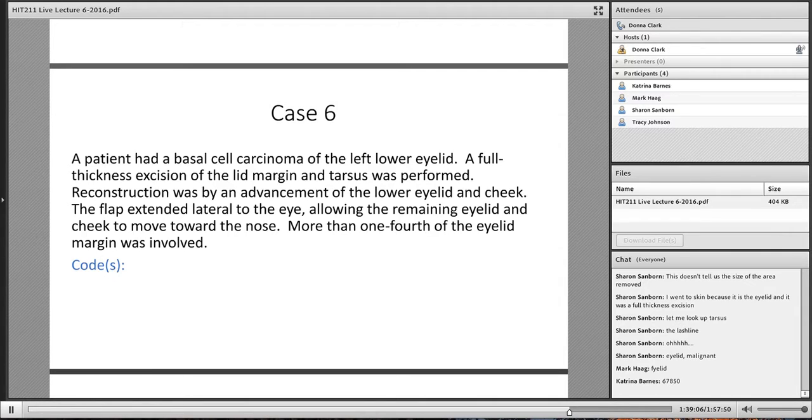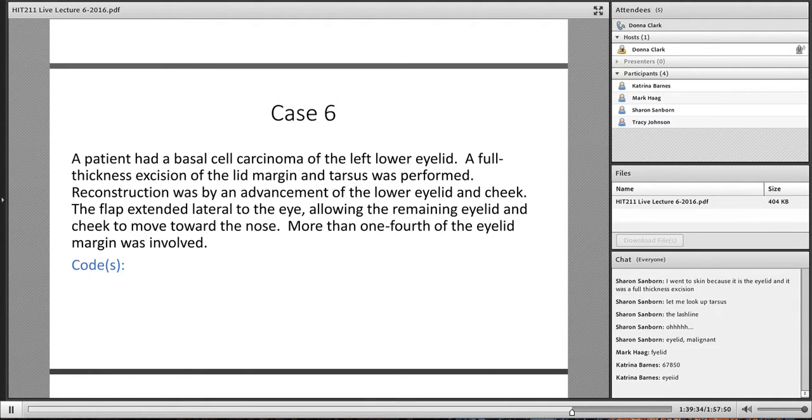Okay, so Katrina says 67850. You are somewhere in there. Where did you go? So you went to eyelid. How did you look that up? I'm gonna tell you guys where I went, to repair, because we have a reconstruction.